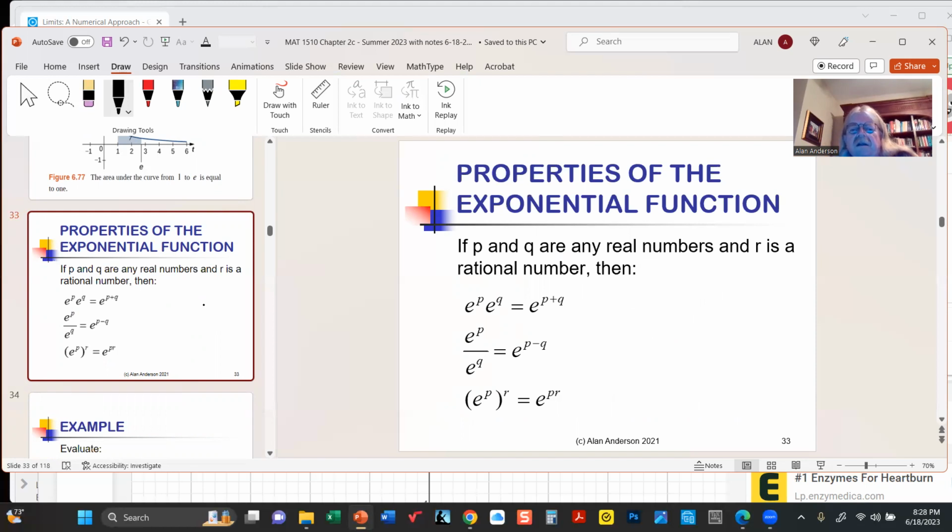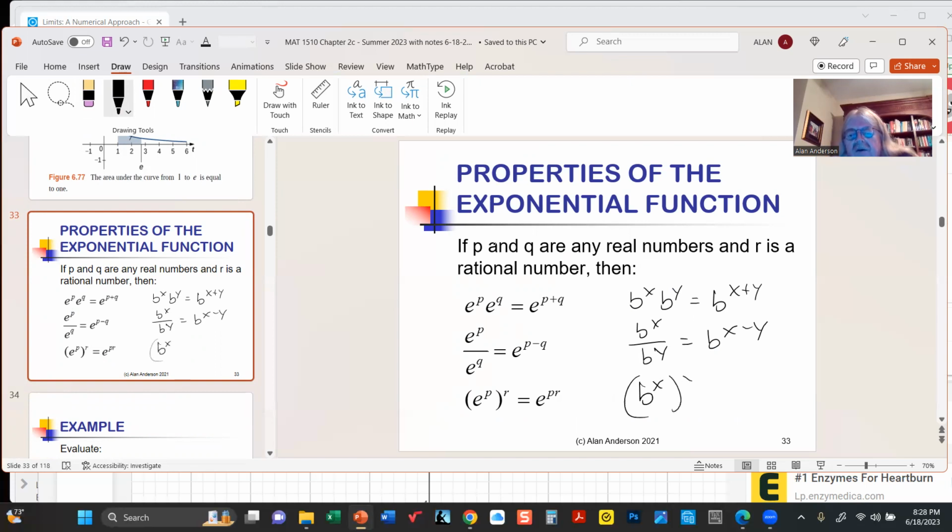This is true for any values, like b to the x times b to the y. As long as the two bases are the same, these rules always hold. It doesn't have to be e. And then this last one, b to the x raised to the y power is b to the xy.